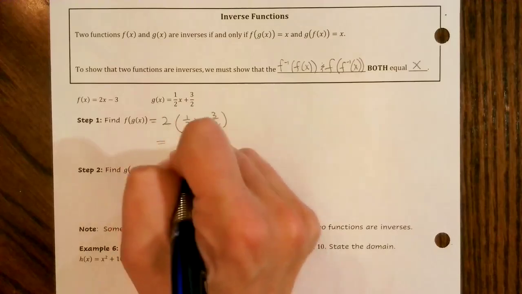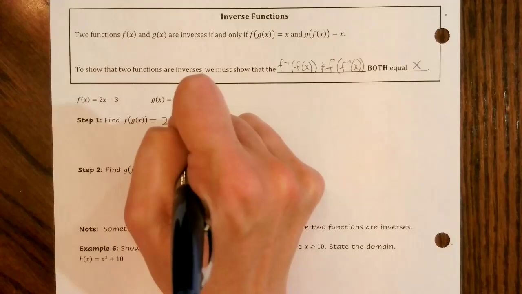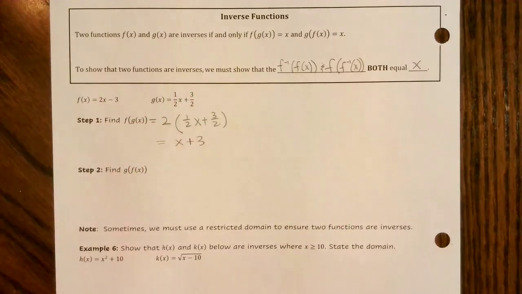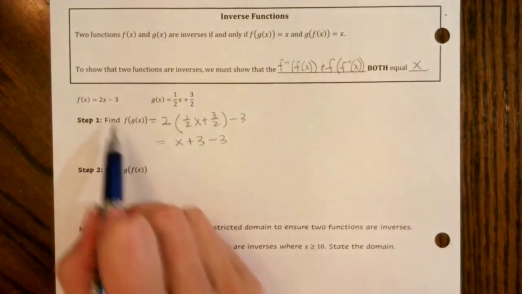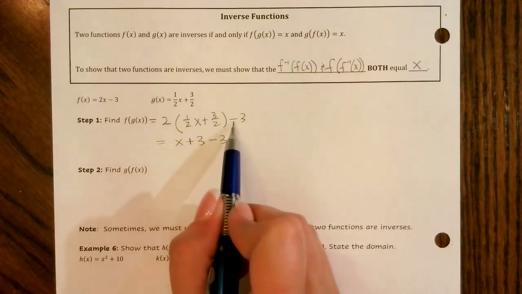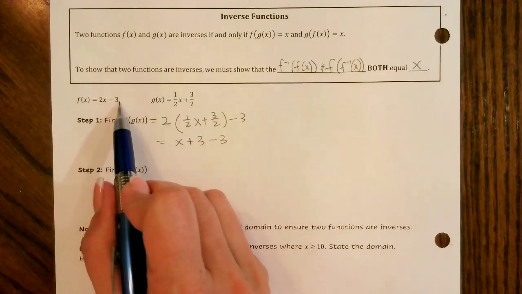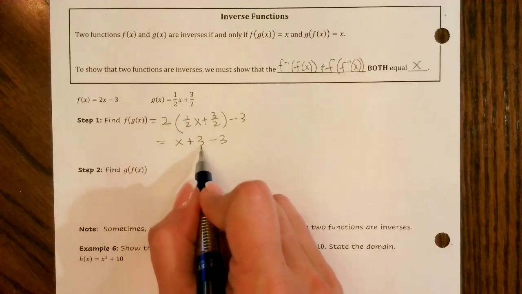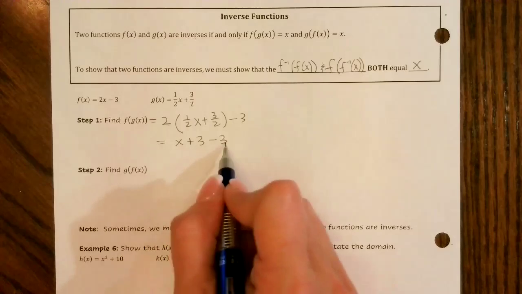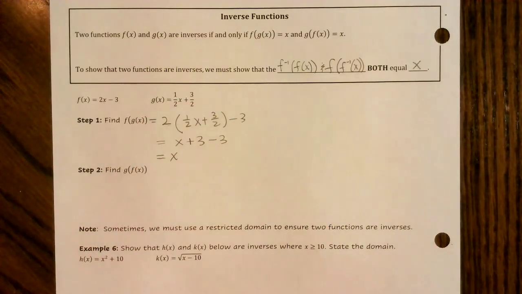And so 2 times 1/2 is just 1, and 2 times 3/2 is just 3. And so we get x plus 3. Oh, I had forgotten the minus 3 there. And then minus 3. So this was 2x minus 3 from this equation right here, 2x minus 3. I then distributed the 2 into my new equation, got x plus 3, and then we have a minus 3. Plus 3 minus 3 is 0, and so this came out to be x.